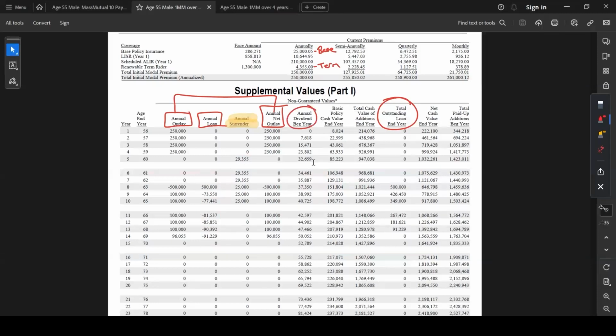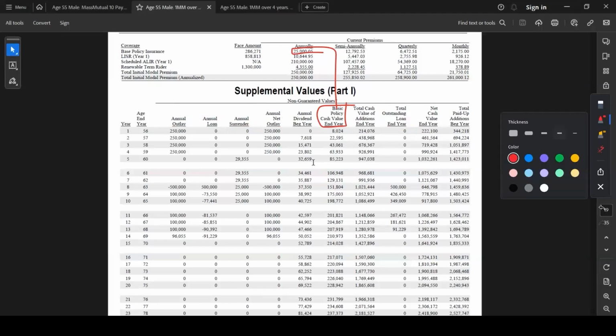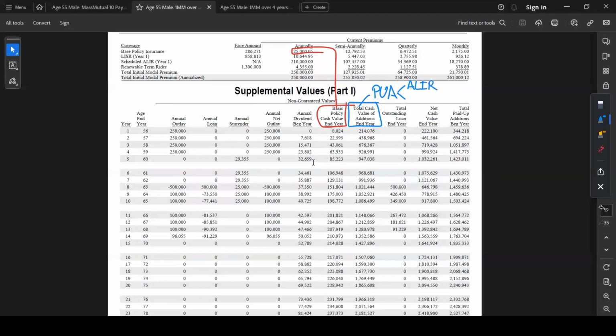You'll see those numbers match. Annual dividend just represents the dividends being applied to your policy. Remember that the guaranteed piece is not included in that column. That's the surplus only. Basic policy cash value. This column does not help very much in my opinion. This represents the cash value buildup from base premium payments only. Total cash value of additions represents money you add into PUAs, which with a MassMutual illustration, that would be through AILR payments and also LISR payments after fees are assessed.